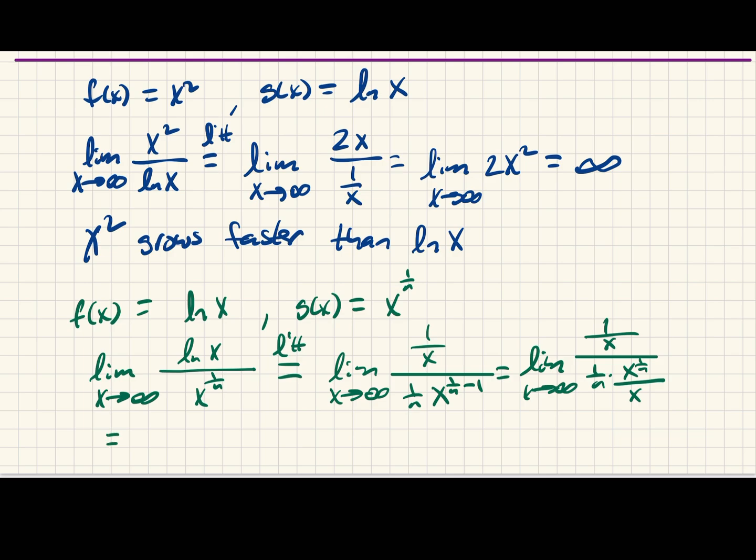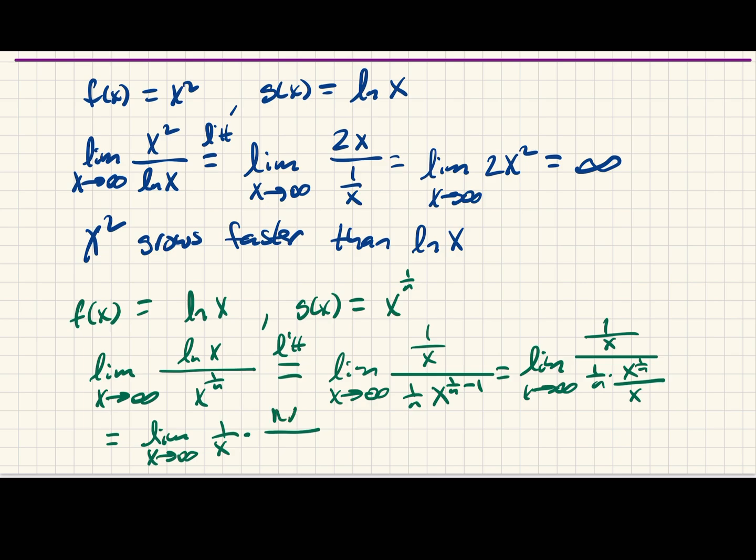Now, so then what is this the same as? This would be the same as the limit as x goes to infinity of, let's see, I'm going to invert and multiply, right? So I've got 1 over x on the top, and on the bottom, I've got x to the 1 over n, right?